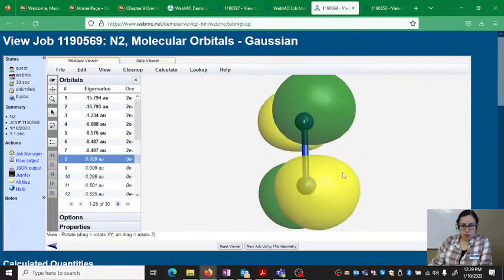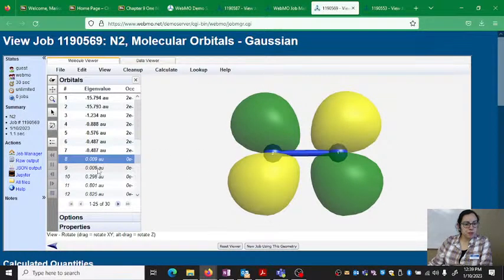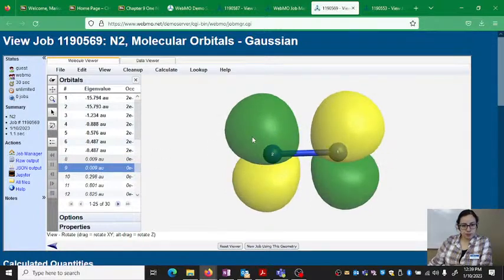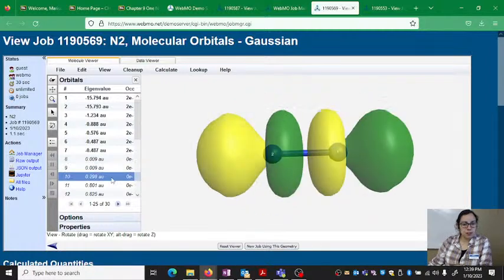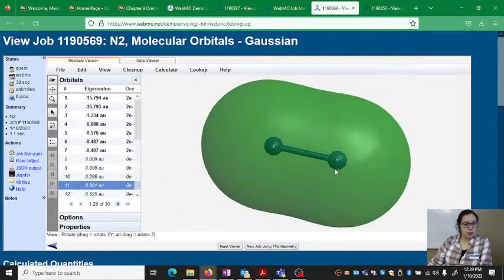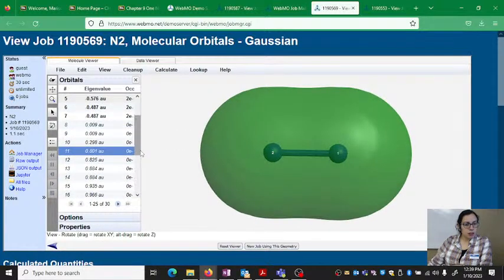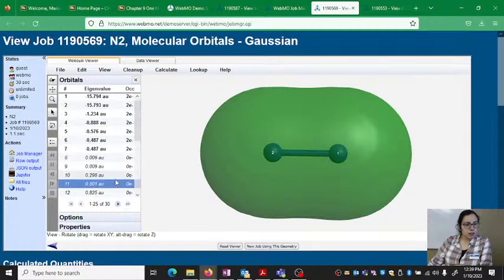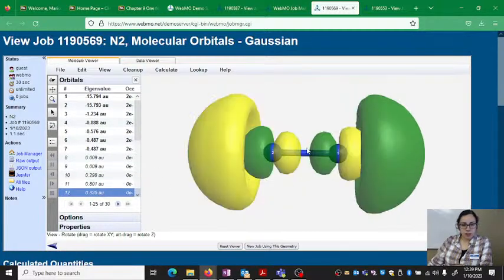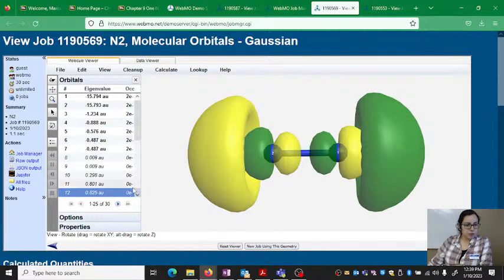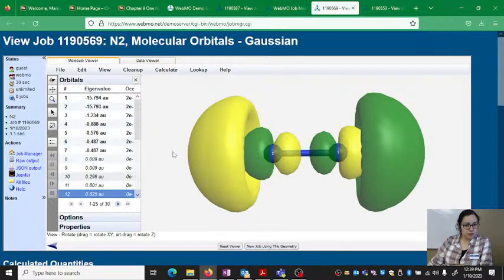And so now these go into the anti-bonding orbitals. Again, you can tell they're degenerate, they're the same energy level. Now this is your PZ anti-bonding. And now it's going into higher order orbitals.